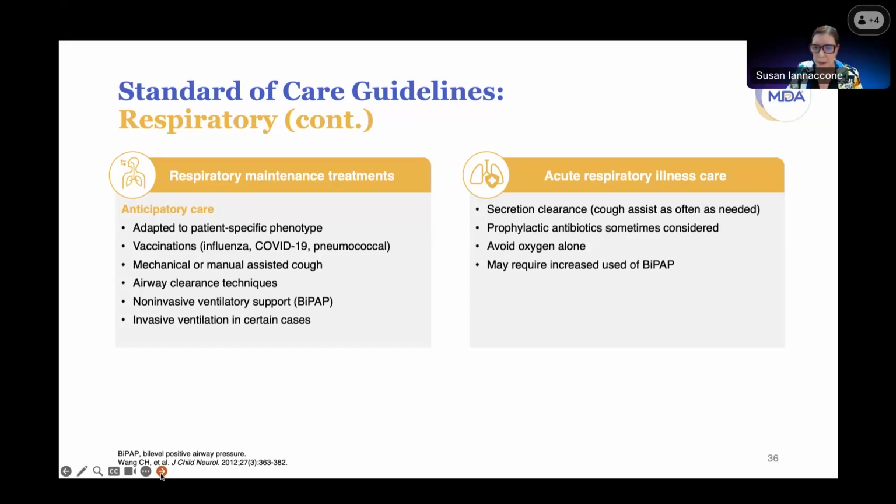Early use of antibiotics is usually recommended by the pulmonologist. We want to avoid using oxygen without ventilation. If the patient is hypoventilating, they need ventilation, and they may or may not need oxygen. The use of oxygen can cause respiratory failure in patients with severe weakness. Next.